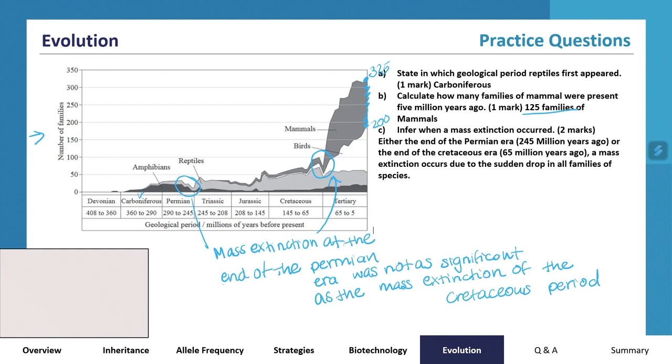And so either at the end of the Permian era or the Cretaceous period. The reason we know this is because of the sudden drop in families and species.